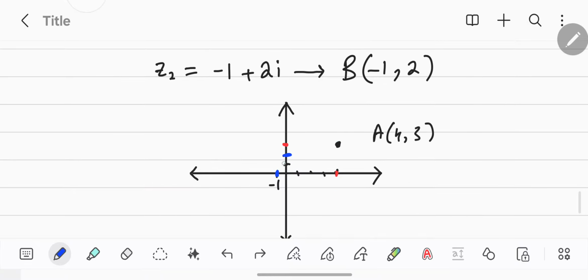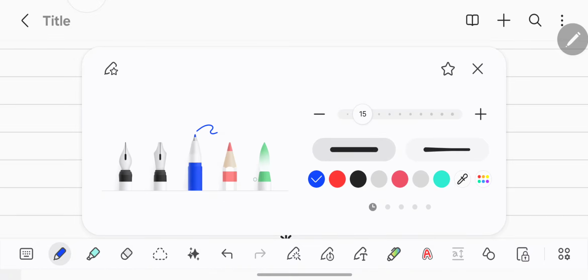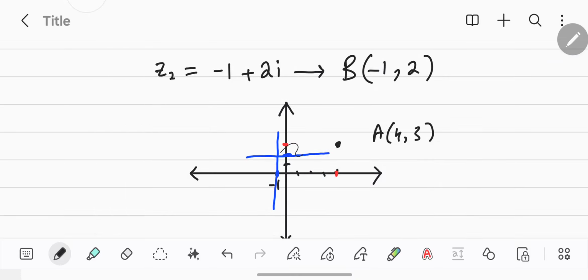So how can I draw the point? I will draw the straight lines passing through these components first, and I will mark the point where they are meeting. Here they are meeting, so now I will erase them. So this point is point B. Okay, I will call it B of -1 and 2. This is the point B.